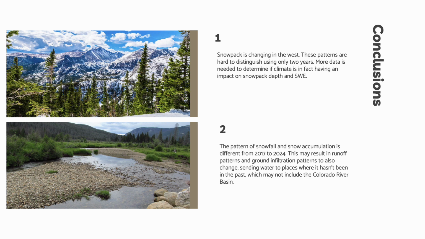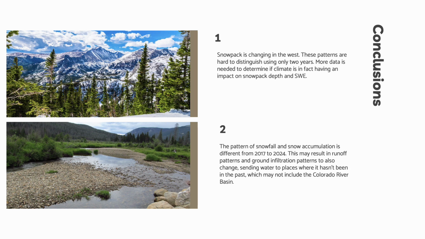So in the future, I would like to use more data and more different dates across a wider spectrum of years, just to determine if climate is in fact having an impact on snowpack depth and the water available for transport as runoff.